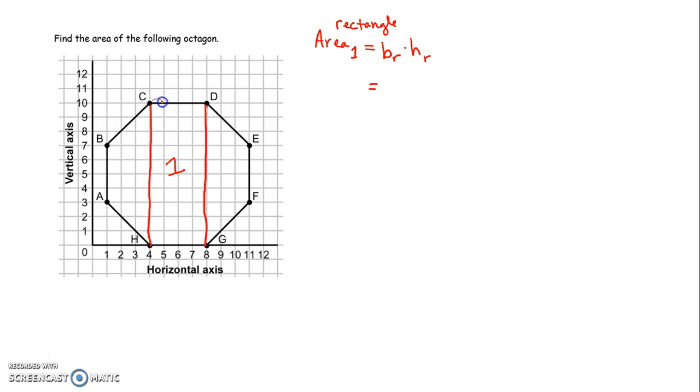So the base would be 1, 2, 3, 4 units long, times the height would be 1, 2, 3, 4, 5, 6, 7, 8, 9, 10. 10 units high. 4 times 10 would be 40 square units. Awesome. All right, I'm going to break it down into some more figures. I'm going to call this figure 2. I'm going to call this figure 3.